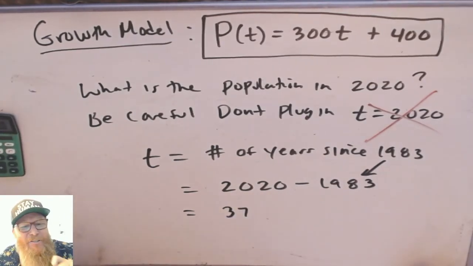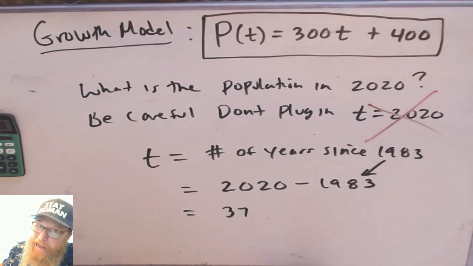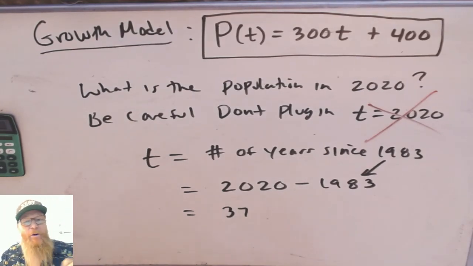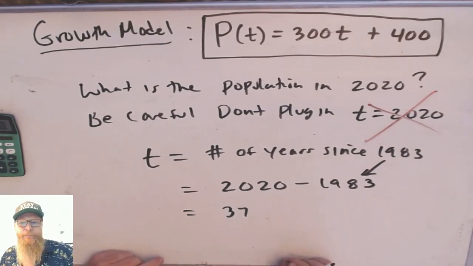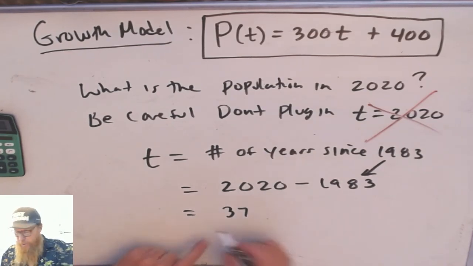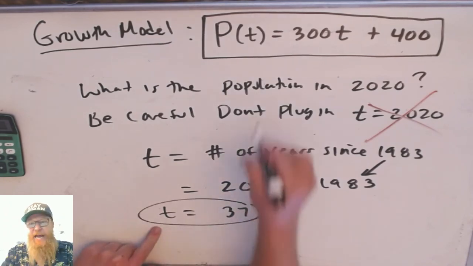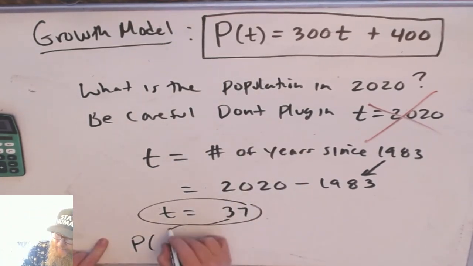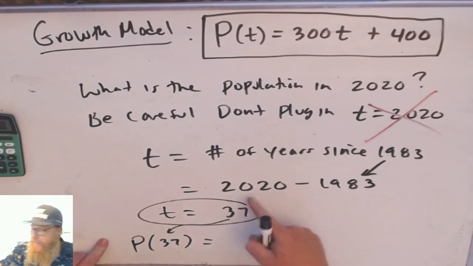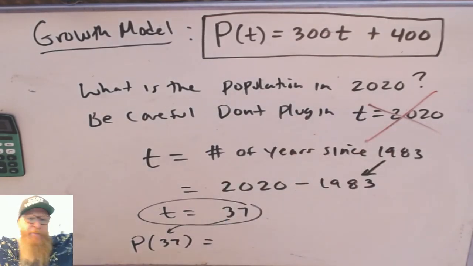I bet you I have at least one student that was born in 1983. Yeah. If you're out there, I know that you are going to be 37 this year. Or maybe you already turned 37. Yeah. So this is going to be your T, and now you're going to plug it in. If you plug in 2020 into this, it's going to blow it up. It's going to be like billions of people. It's not going to make any sense.